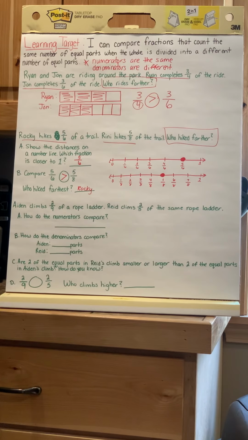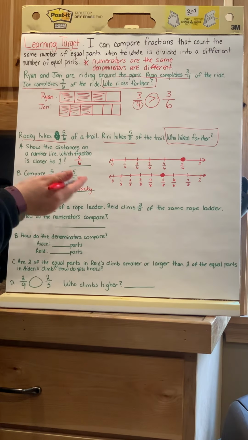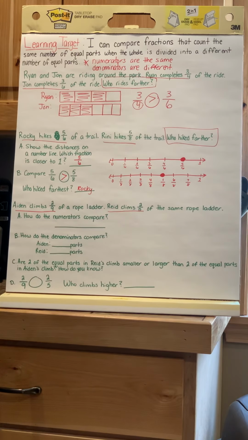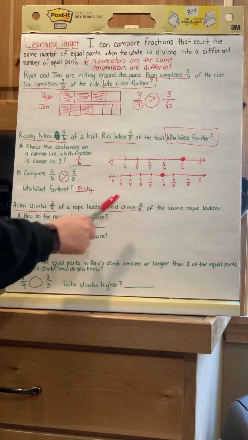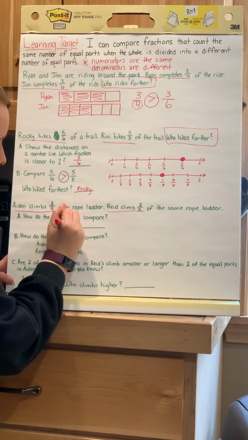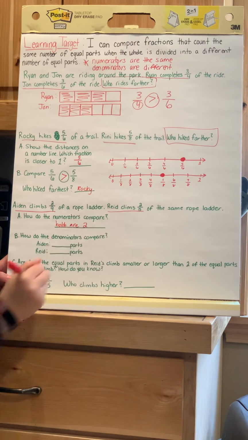Aiden climbs 2/9 of a rope. Reed climbs 2/5 of the same rope ladder. How do the numerators compare? Looking at our numerators, what are both of them? Both numerators are 2.